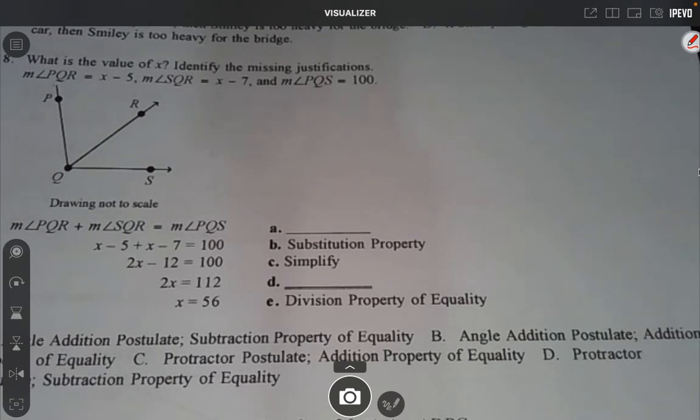What do I know about adding two angles? What's that called? Angle addition postulate. You can put postulate, or well, I see that they've got that down there. Then they tell you the next one. Instead of writing the angles, they substitute in what the angles are, and then they combine like terms. They use the word simplify. That's the same.